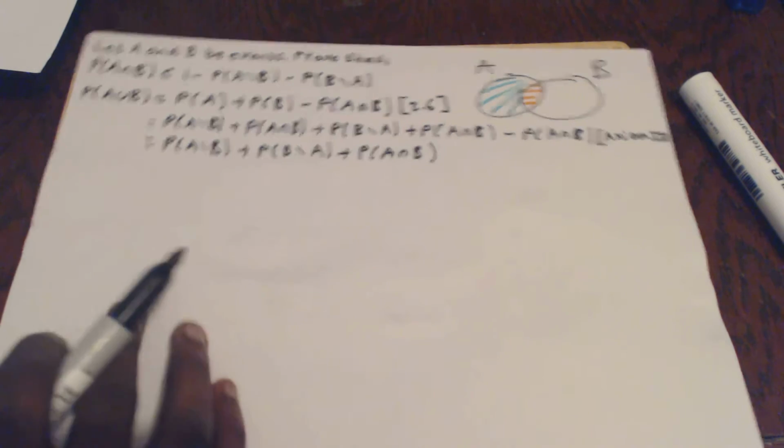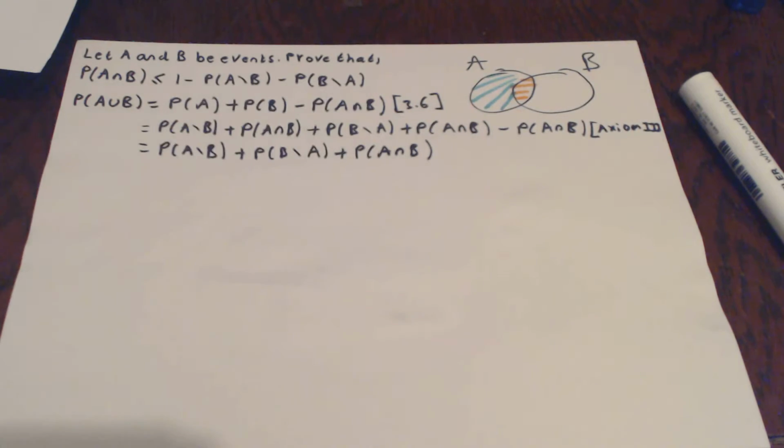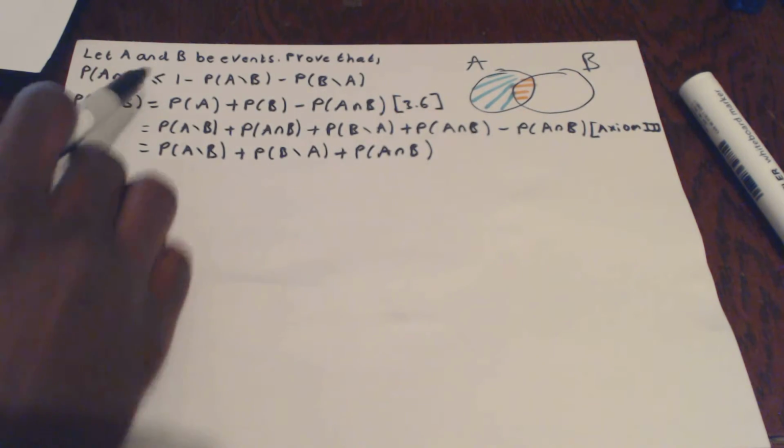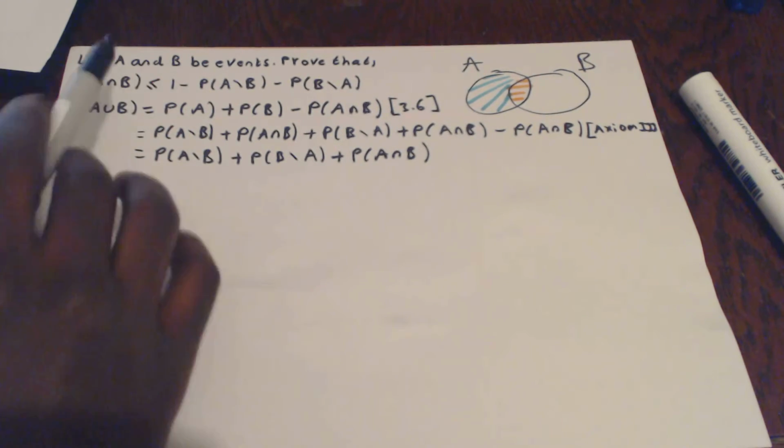So we've got our A set difference B, our B set difference A, and we've got that here. Now we've got this 1 here. If you've done a similar question before, you know exactly which one it is. You have to look at your corollaries or propositions and see which one has a 1 in it, and also which one has the inequality sign, because we still have to deal with this inequality sign.